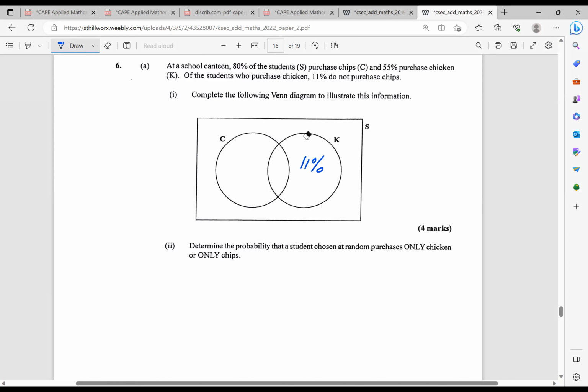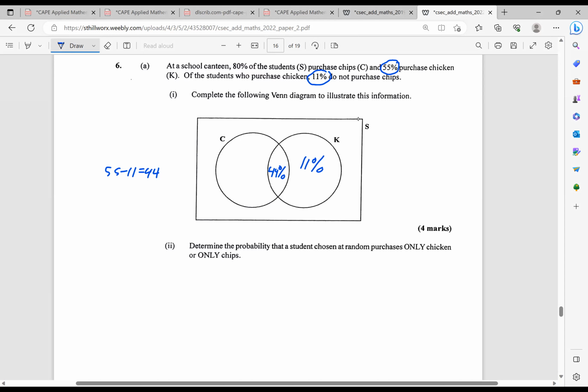So that would mean that inside here would be 55 minus 11, which is 44. So inside here would be 44%. How did I get that? They say of the persons who purchase chicken, 11% do not purchase chips, which means that 11% purchase chicken only. So those who purchase chicken and chips would be those who purchase chicken less those who do not purchase chips.